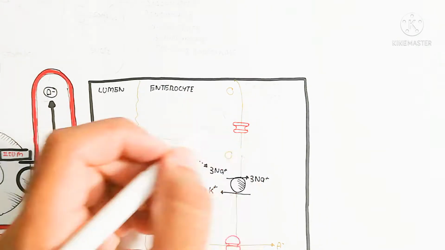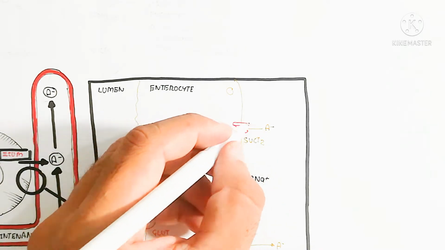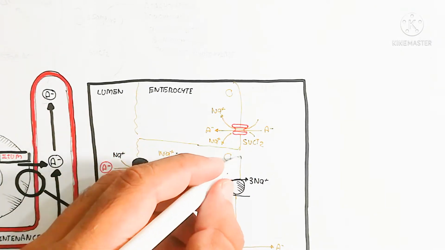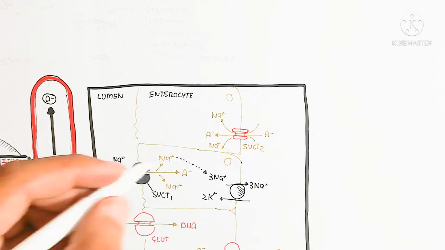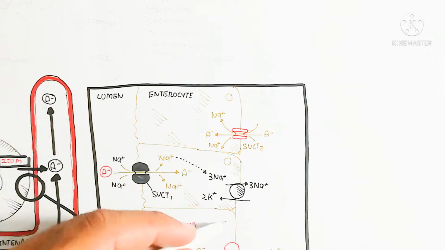On the other hand, here is the SVCT2 transporter, the channel which allows ascorbic acid to move back into the enterocyte via sodium.